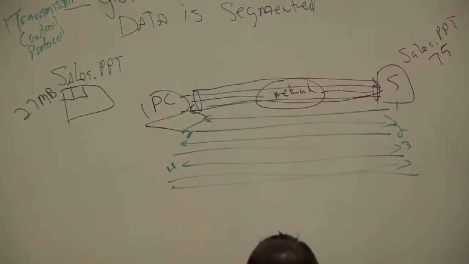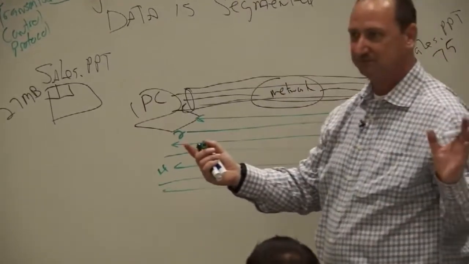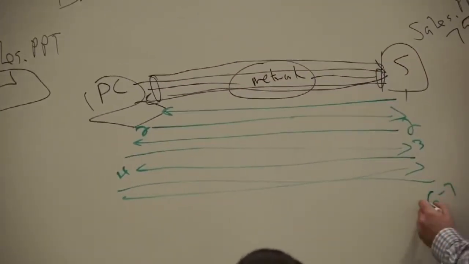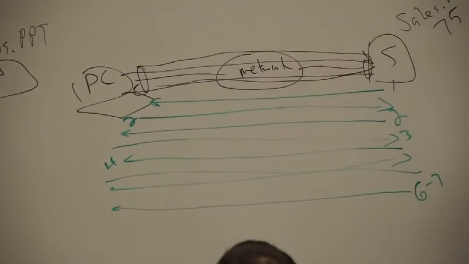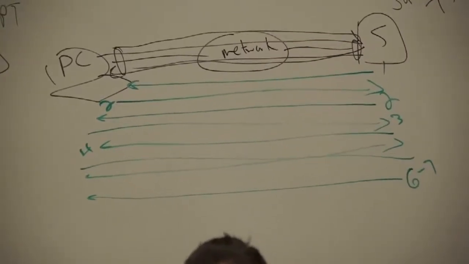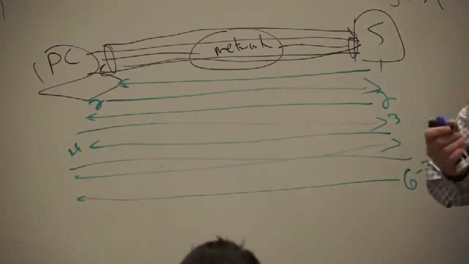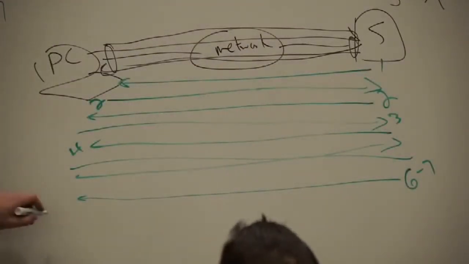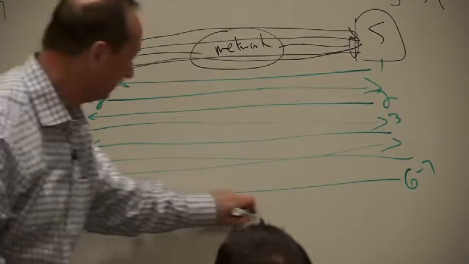After a while, both ends say this network's pretty reliable. What if I could send 6 and 7 together? Would that accelerate transfer rates? Yeah. And then this person comes back and says, I got 6 and 7, send me 8.